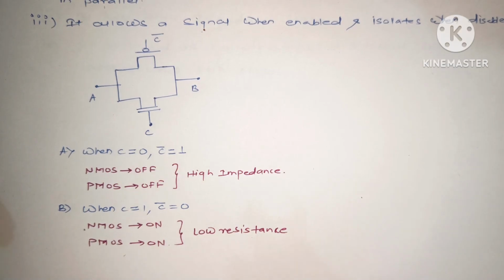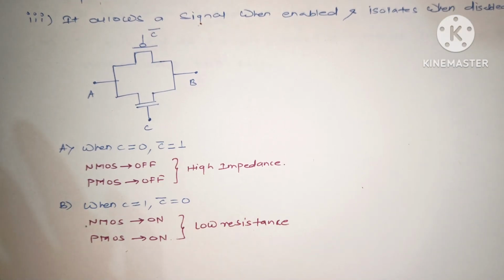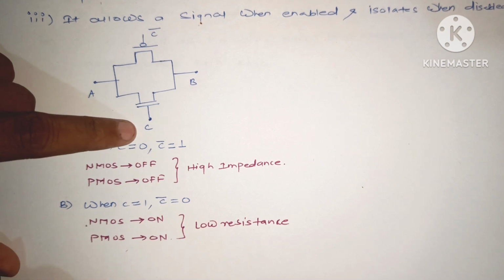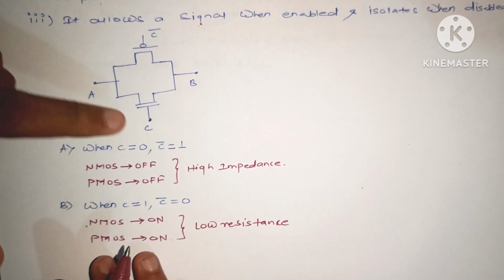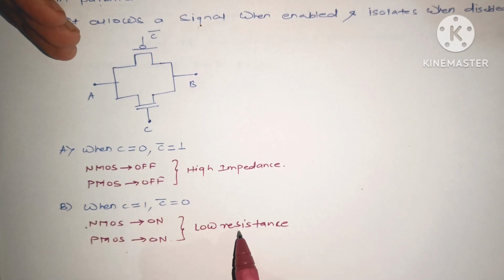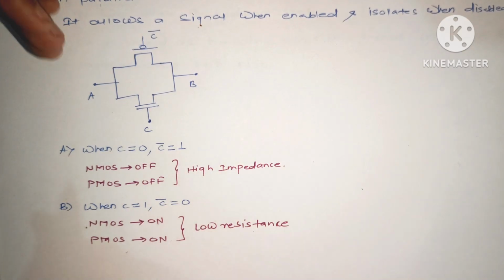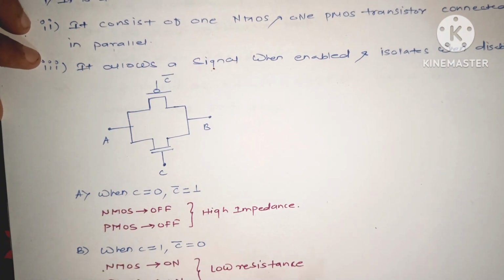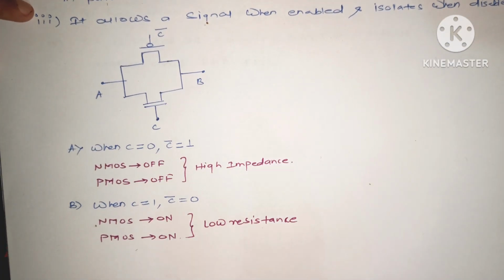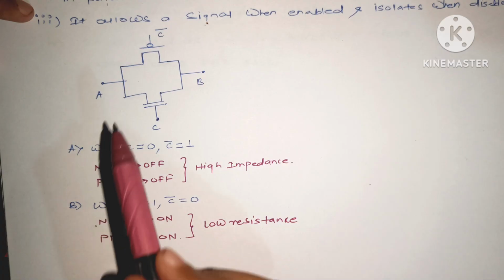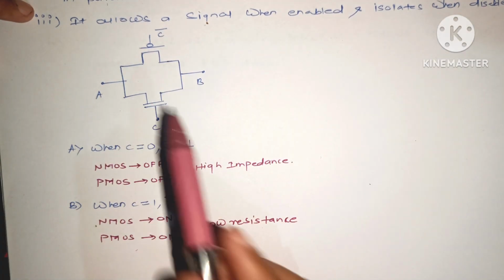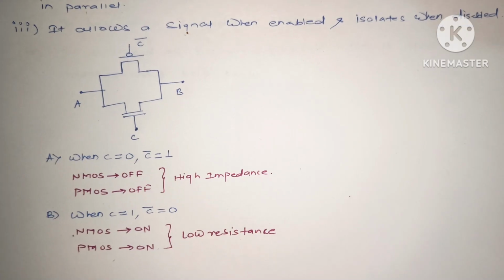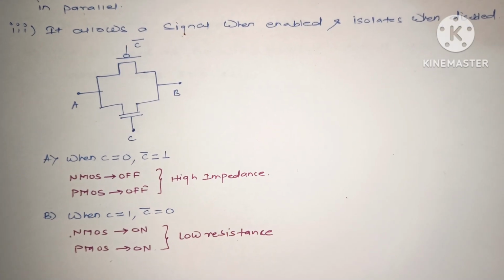That's why A can be connected across B. So if we come to the conclusion, here the control signal C decides whether it will be in low resistance state or in high impedance state, and this particular gate we call our transmission gate. That is transfer of information from one side to another side, either through this transistor or this particular transistor. So this is the working principle of our transmission gate.